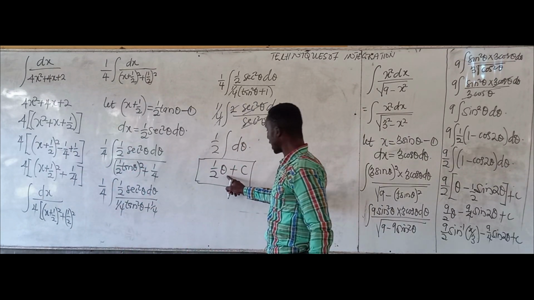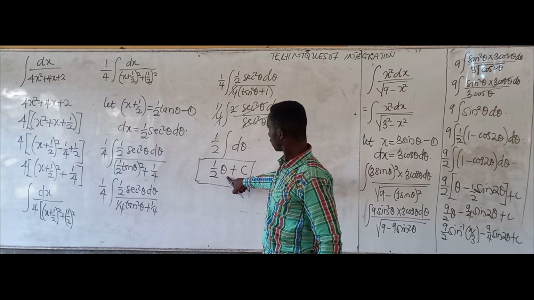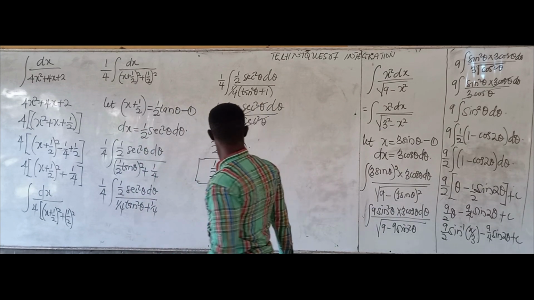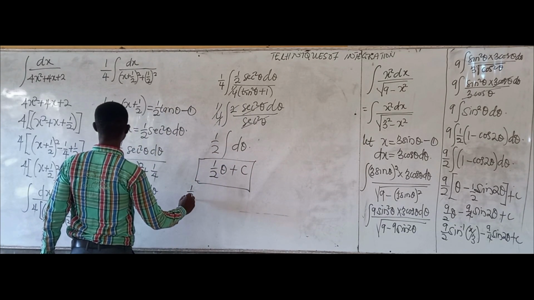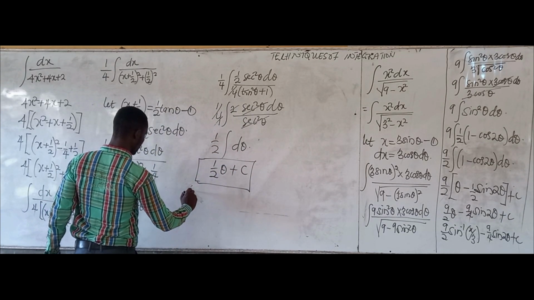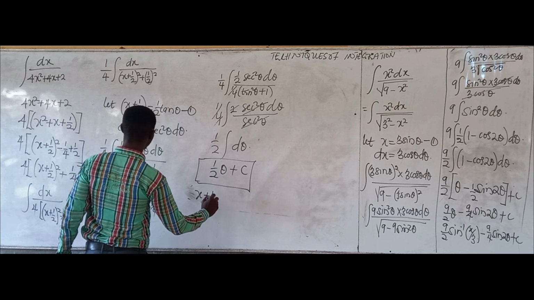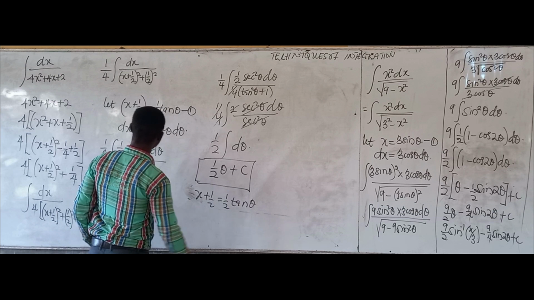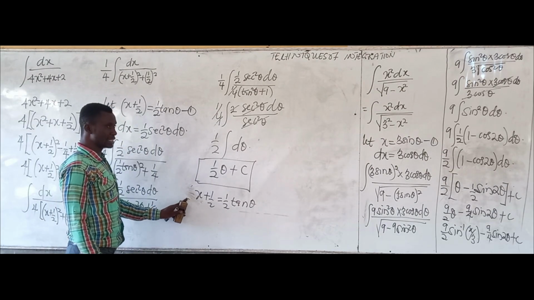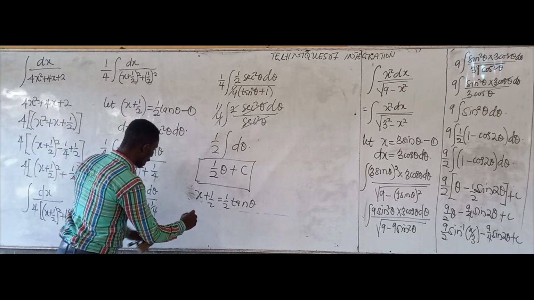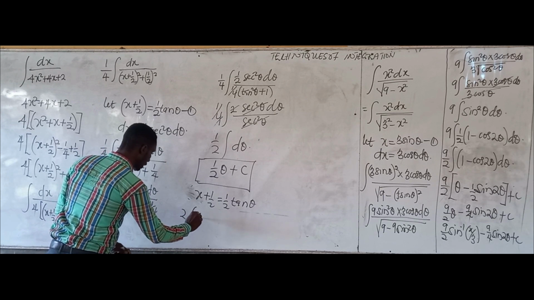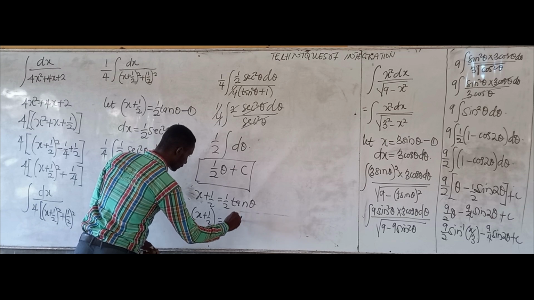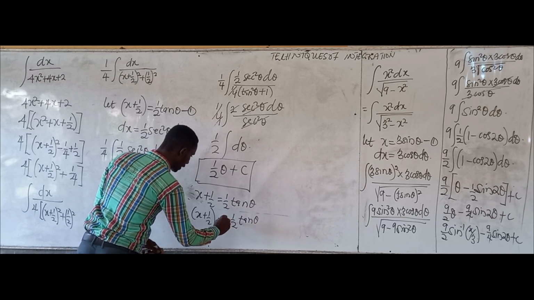But theta can be calculated from x plus half is equal to half tan theta. What do you do? Multiply each side by 2. So I will multiply 2 by x plus half is equal to half tan theta by 2.